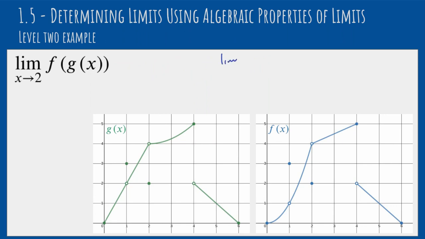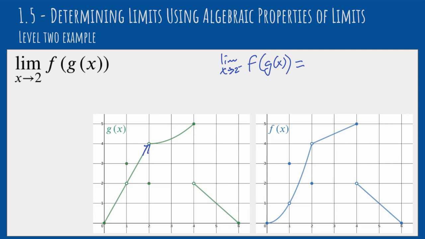So let's start by looking at what happens as x approaches 2, but with values of x that are slightly smaller than 2, so approaching 2 from the left. So if we look at the inner function first, so we're plugging 2 in for x, so into g of x, what we get here is 4, same thing we talked about before, but we're going to look at this a little bit more closely.